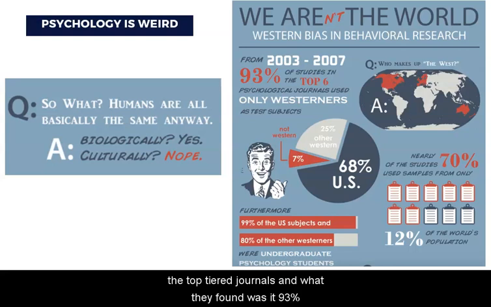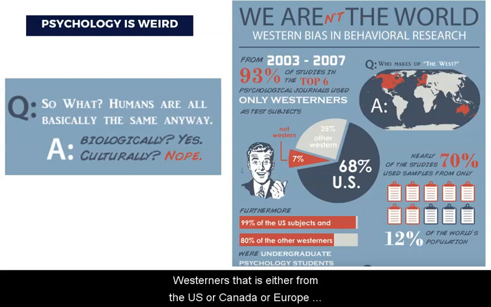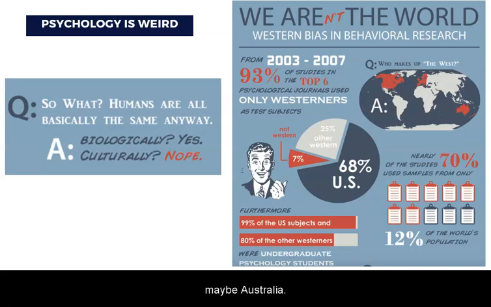And what they found was that 93% of the participants in those studies were Westerners. That is, either from the US or Canada or Europe, maybe Australia. Only 7% were any kind of non-Western representation.